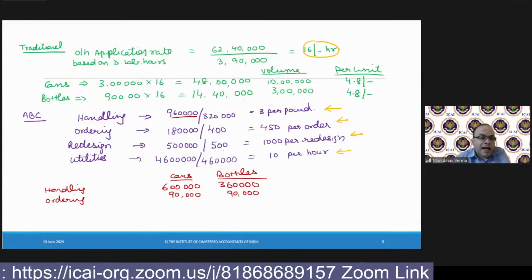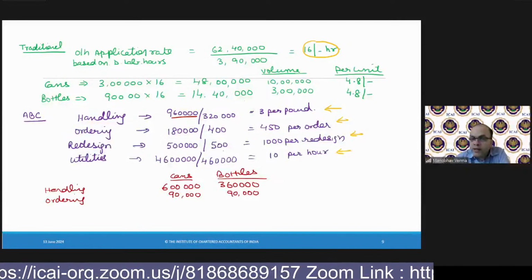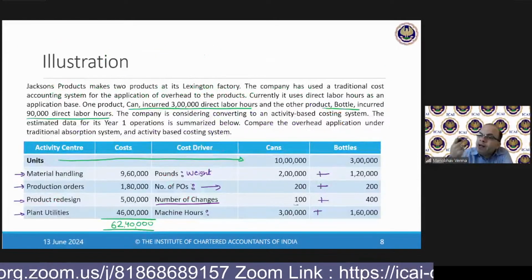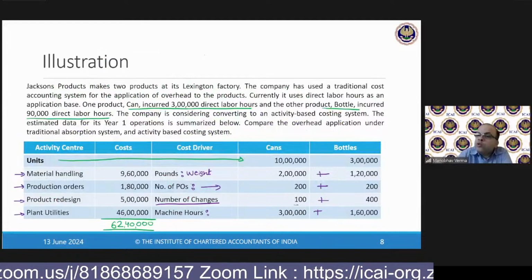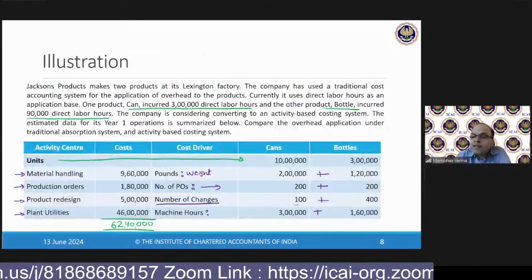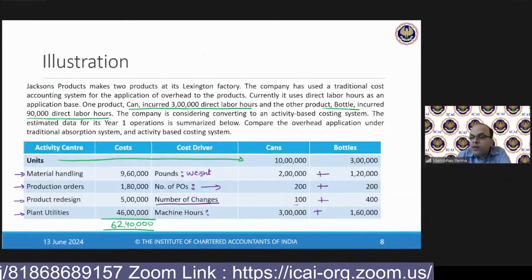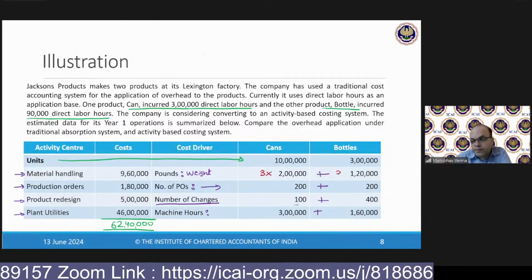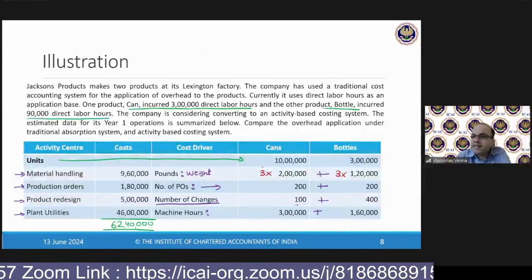The cost driver, which was handling itself, was based on the weight, 3 per pound. So the weights were given to us for both the products. We multiply that application rate onto the weights here. 3 into 2 lakhs, 6 lakhs. 3 into 1 lakh 20,000, we are looking at 3 lakhs 60,000 here. That gives us the total of 960.